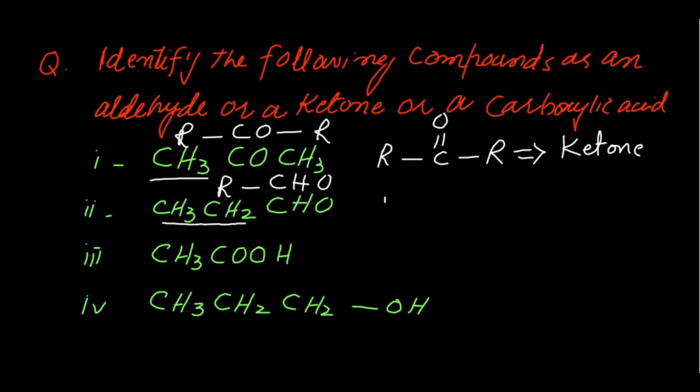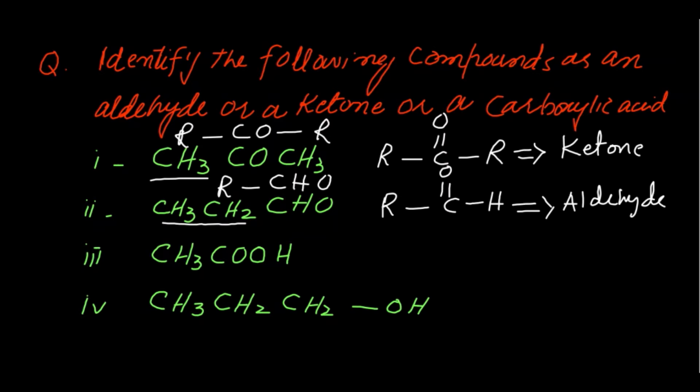We write the general formula in proper form, that is R, C double bond O, H. Identify this functional group. Yes, this is aldehyde. I hope this is clear, students.